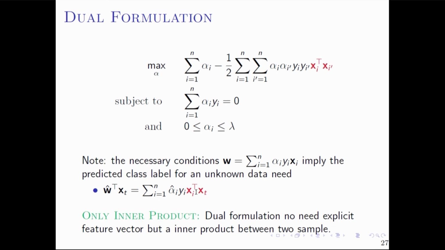So what will be the size of that matrix? N cross n, where the ij element will have the inner product between xi and xj. This matrix we call the kernel matrix, or kernel gram matrix.